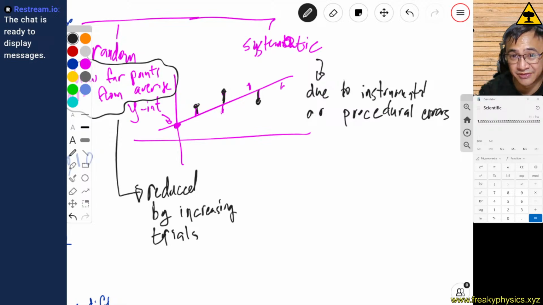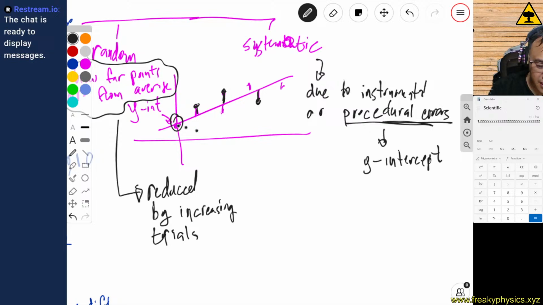It's short by 5 millimeters, but that will add up. That's instrumental. Another thing, procedural, could be that you're consistently measuring the length by putting the end of the ruler on the end of the object, when in fact you should be putting the zero mark on the end of the object. But you're unable to because of limitations. For example, you're measuring the width of your table, but there's a wall in the way. So that's procedural.